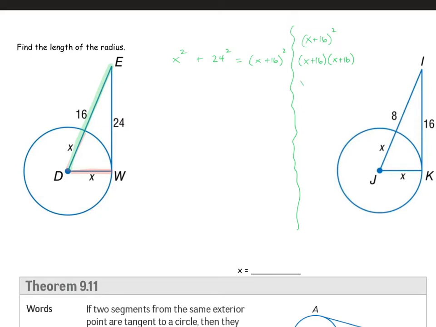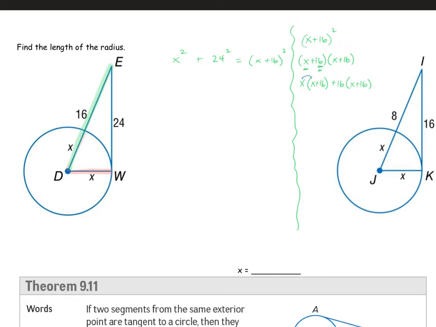So this x right here is going to be multiplied to the quantity x plus 16. And then the 16, which is plus 16, also needs to be multiplied by the quantity x plus 16. So x is being distributed to this quantity, x plus 16, and this plus 16 gets distributed here. We're going to carry on.